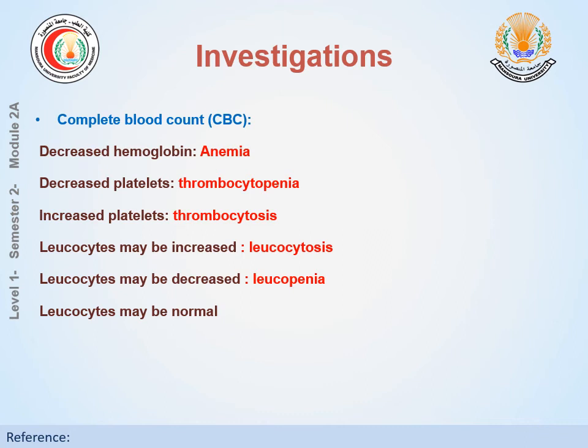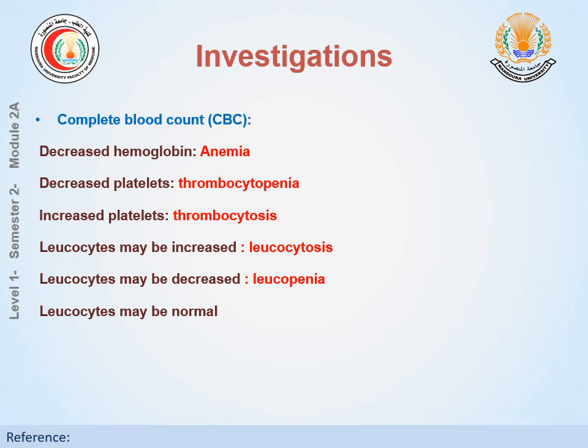Another entity, but not found here: if you have a case of increased platelet count, it's called thrombocytosis. Also, the white blood cell count may be increased in this case, especially leukocytosis. Increased white blood cell count means leukocytosis, or decreased white blood cell count is called leukopenia. And the white blood cell count in this case especially may be normal.